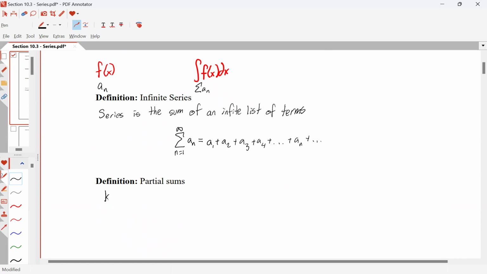So the kth partial sum is the sum of the first k terms of the sequence.